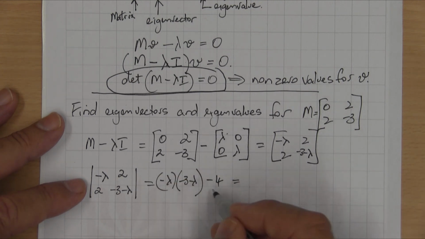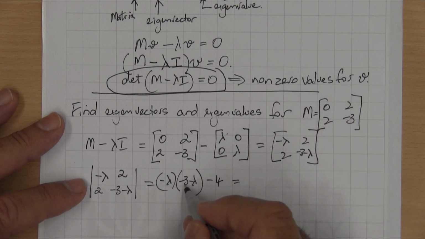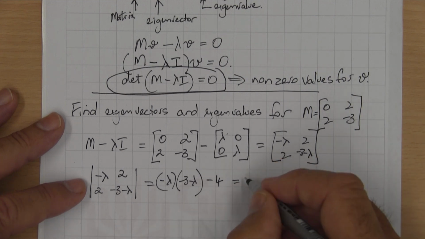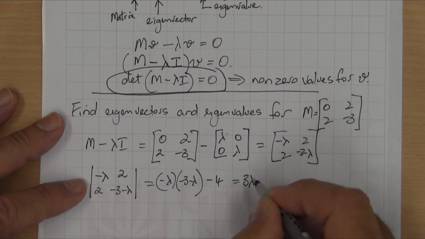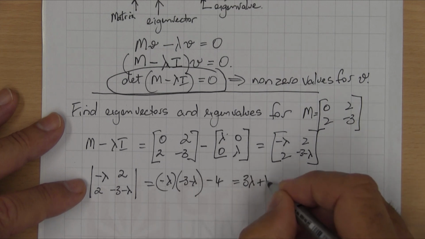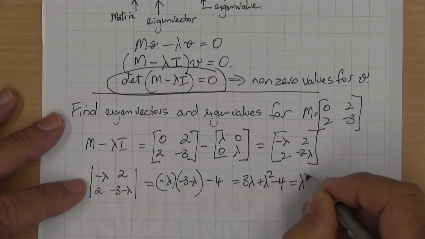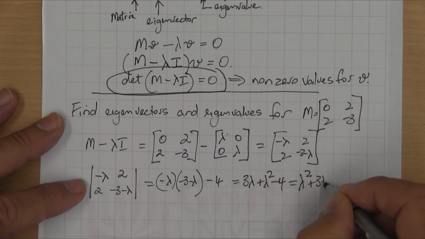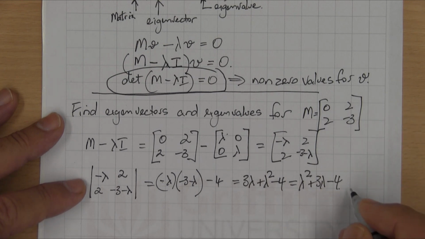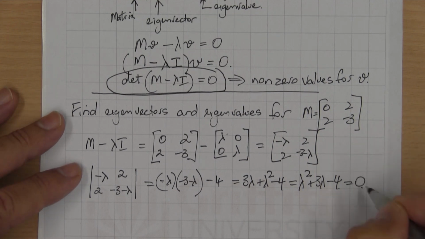Multiplying out, negative lambda times negative 3 is 3 lambda, plus lambda squared, minus 4. Rearranged, lambda squared plus 3 lambda minus 4, and that's got to be equal to 0 because the determinant is equal to 0.